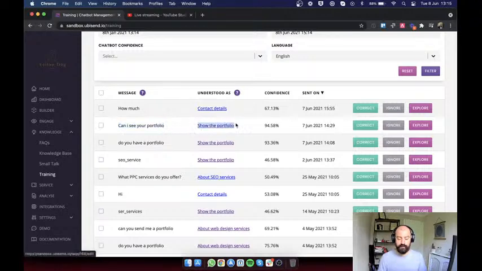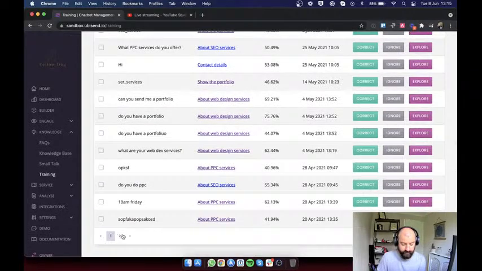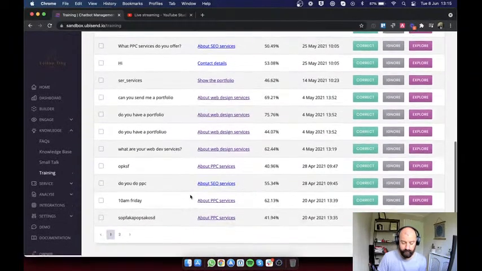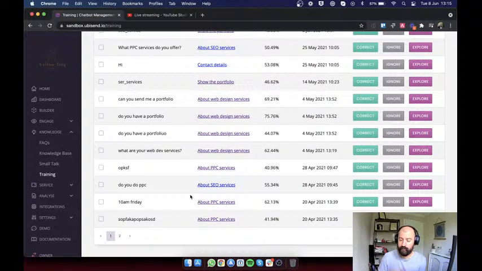The chatbot understood this as show the portfolio, and it had a 94% confidence score that show the portfolio was the right FAQ to send back to the user, and this happened yesterday at 2:30. We have a nice list of 2 pages of things that have been happening to this bot, so we can have a quick look through that already. This is good. We already have data in it that we can use to train the bot.